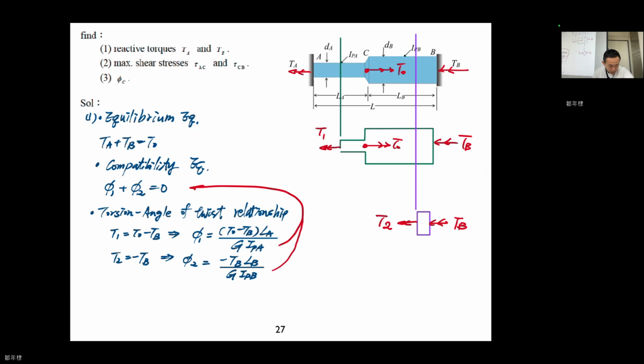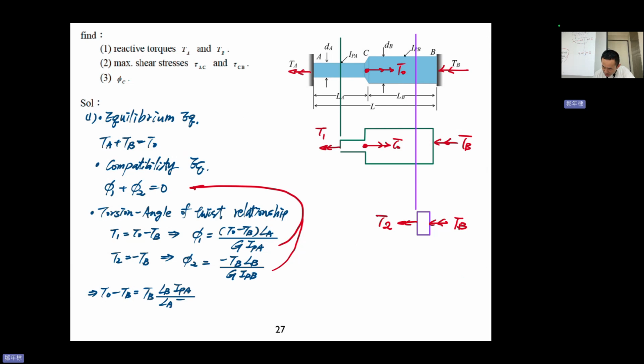And we can continue. Okay, if we substitute this, we can have T0 minus TB LA over G IPA equal to TB LB over G IPB. Well, ugly.